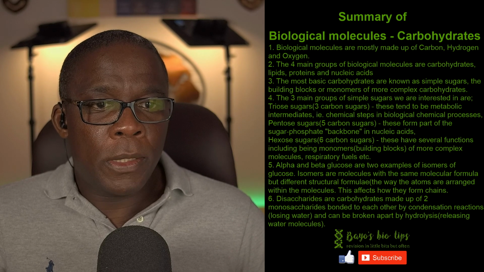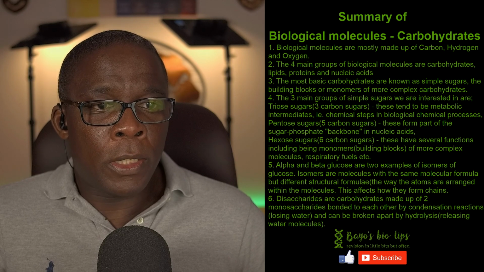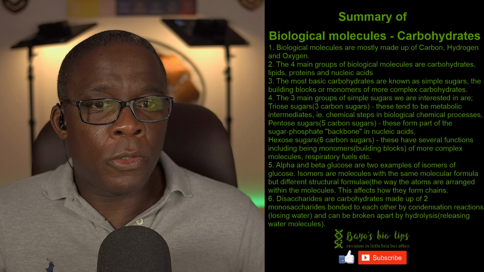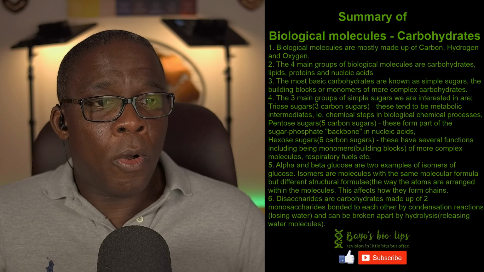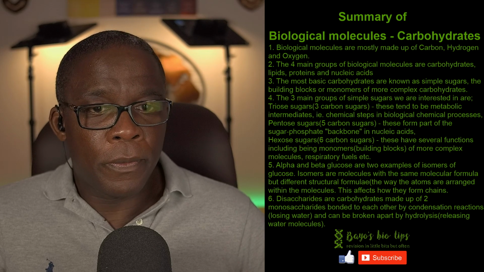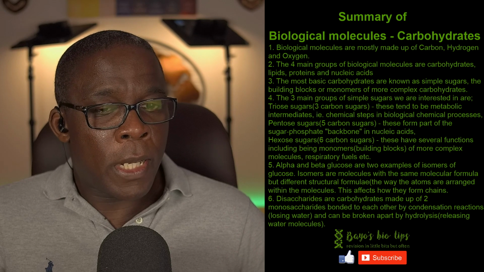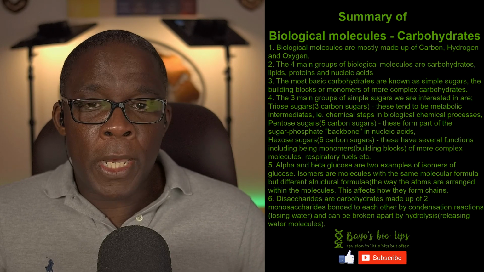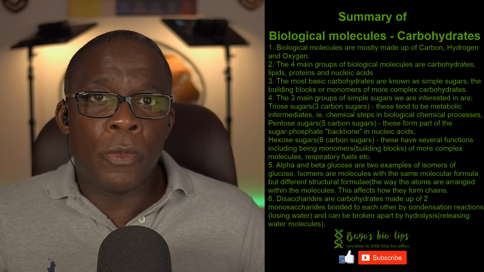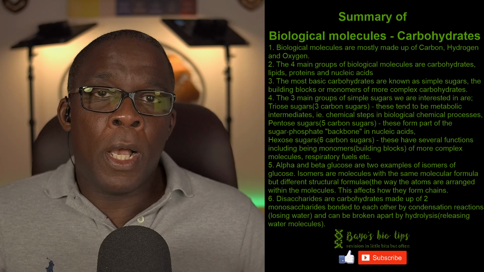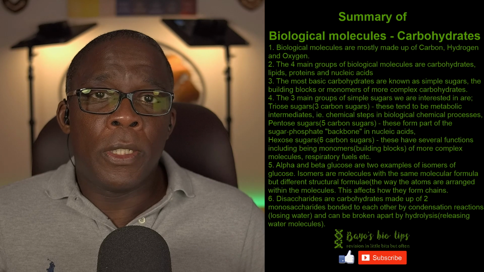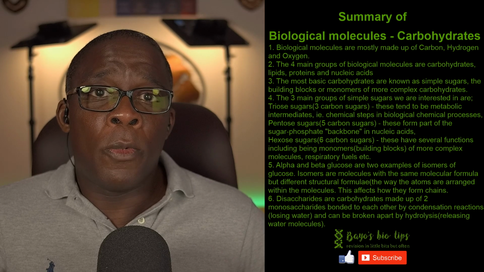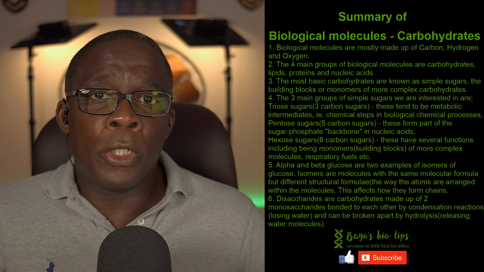The most basic carbohydrates are known as simple sugars, the building blocks or monomers of more complex carbohydrates. And then we looked at the three main groups of simple sugars. We had trio sugars, which, if you remember, I said are metabolic intermediates. They exist for short periods of time on the way to becoming other molecules.